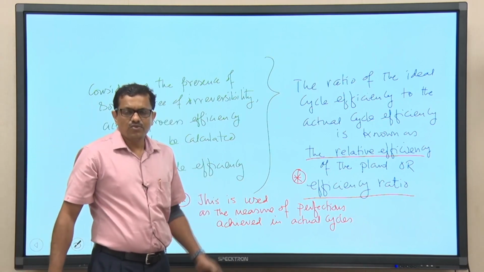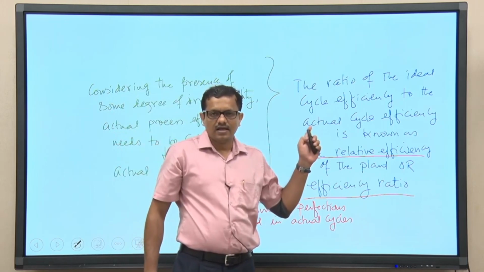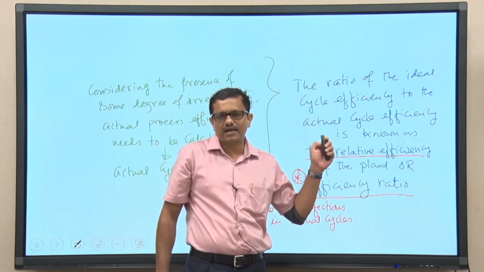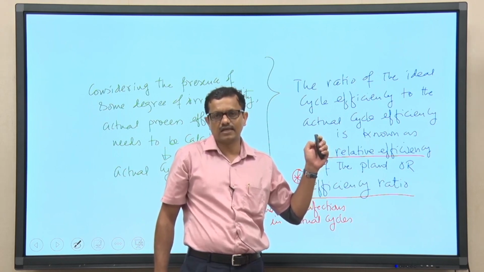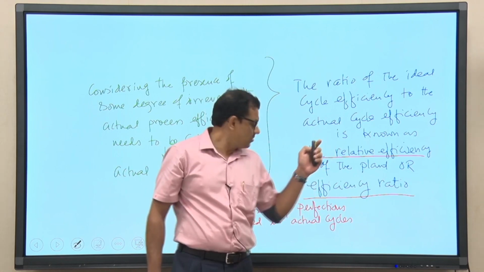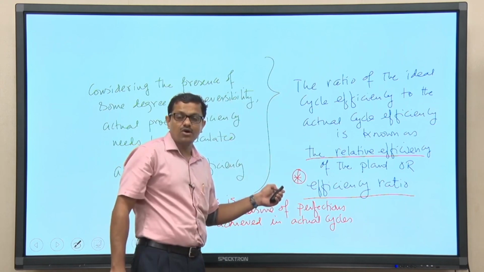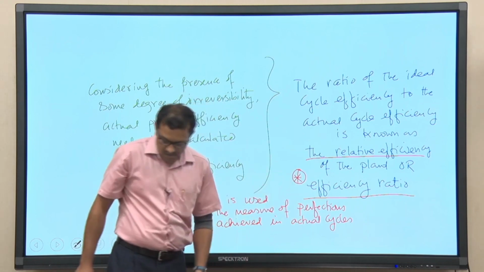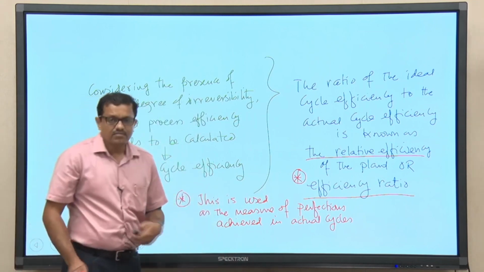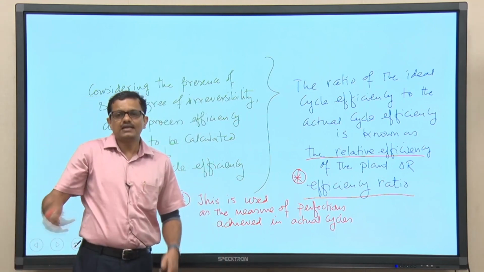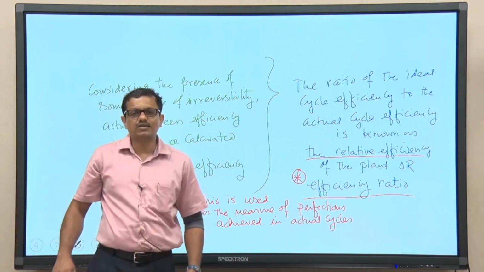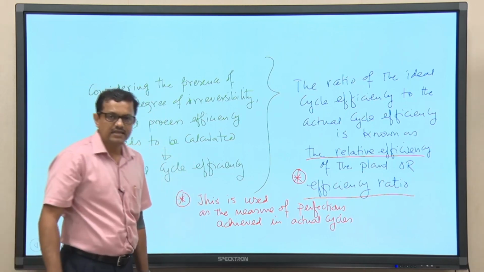Now, we have understood that though it is very difficult to achieve a cycle to be an ideal cycle in practice, still we need to study it. Why? Only to measure the perfections that will be achieved in a real cycle. You know that among the ideal cycles, the Carnot cycle is considered first, that you have studied in thermodynamics.